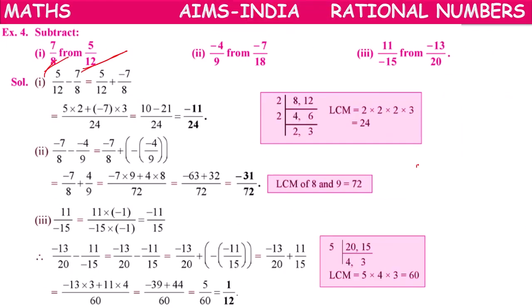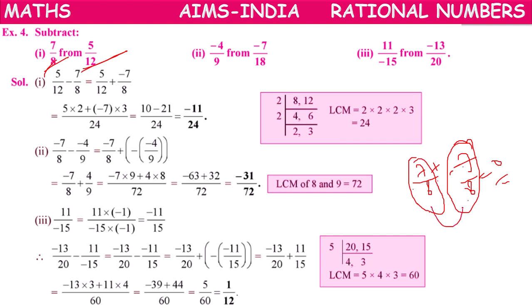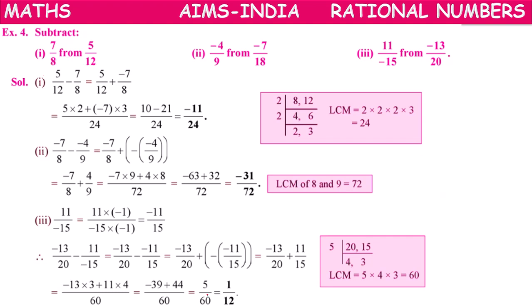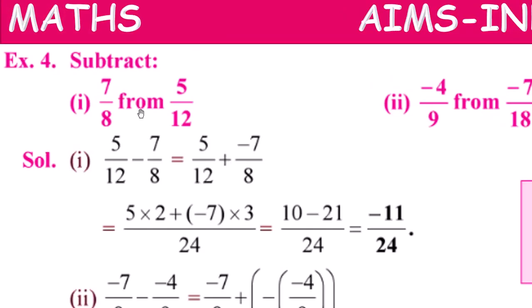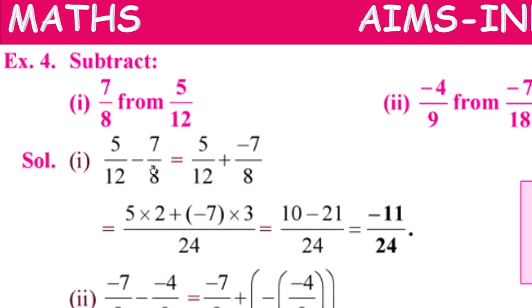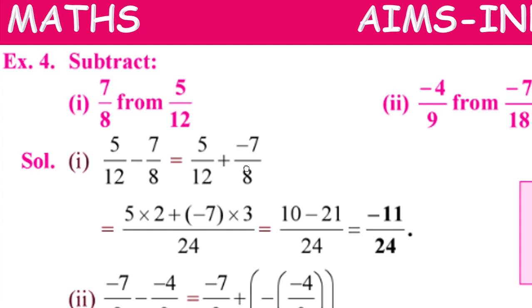What is the additive inverse? 7 by 8 plus minus 7 by 8 equals 0. So minus 7 by 8 is called the additive inverse of plus 7 by 8. The sign will change. During addition their result is 0, so they are called additive inverses of each other. Additive inverse means we just have to change the sign. So here plus 7 by 8 is there; we will change it to minus 7 by 8.